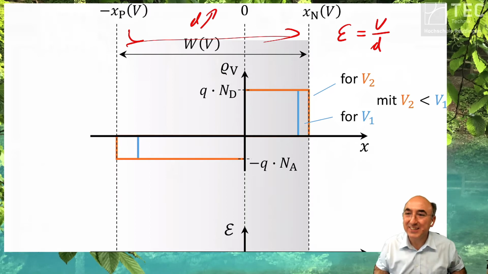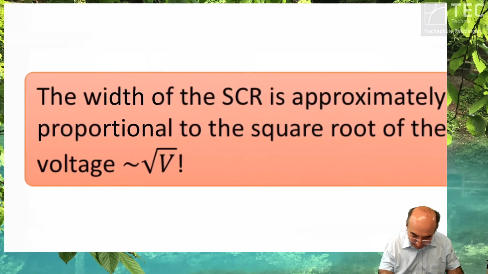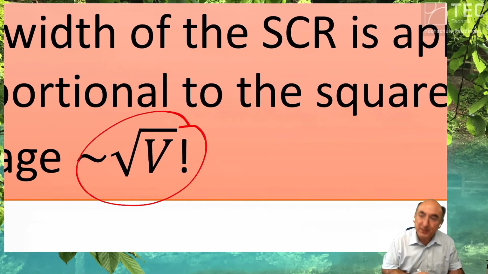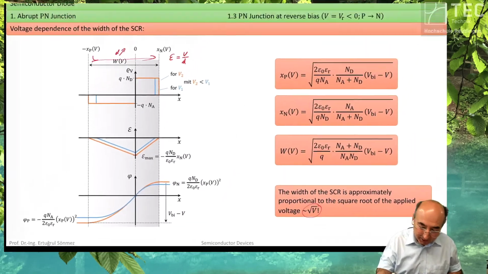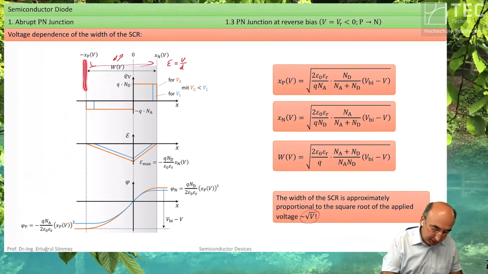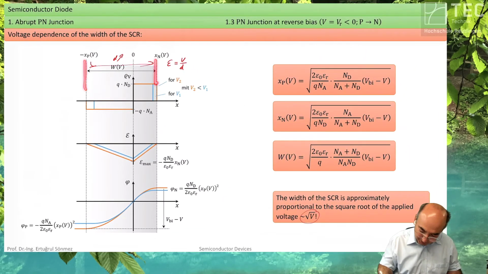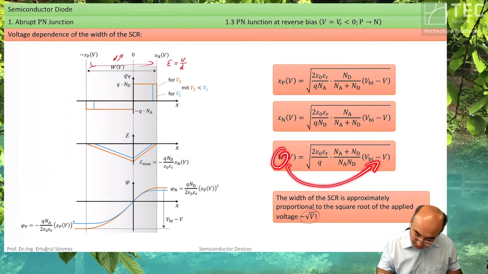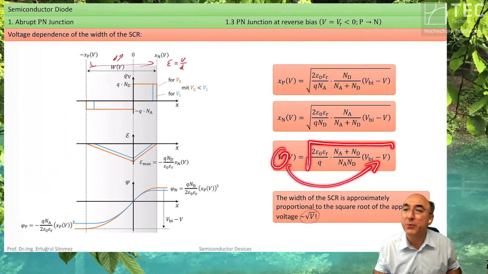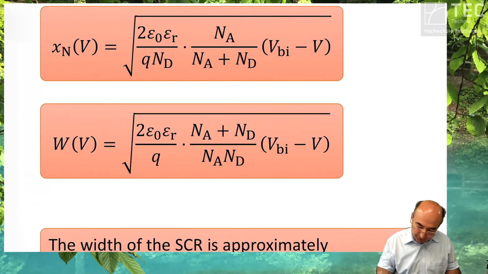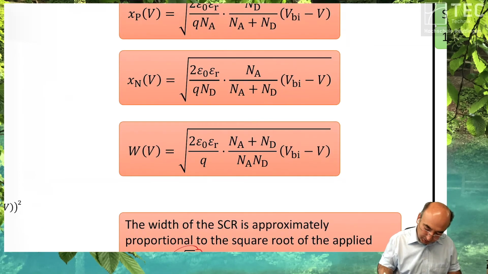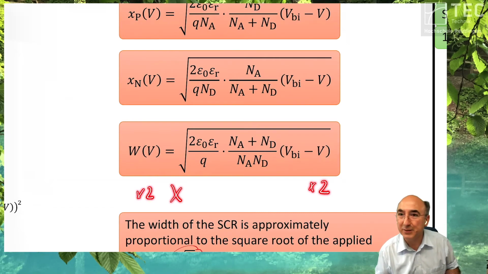Yes, exactly. You have it. This is the reason. The square law. So the space charge region increases as a function under the square root. So doubling the voltage is not doubling the width.